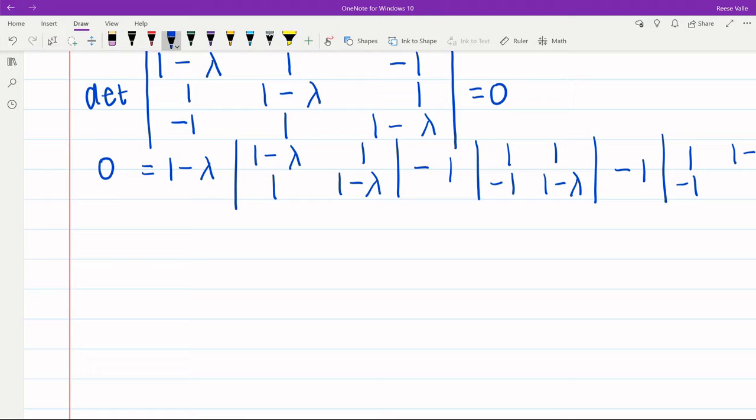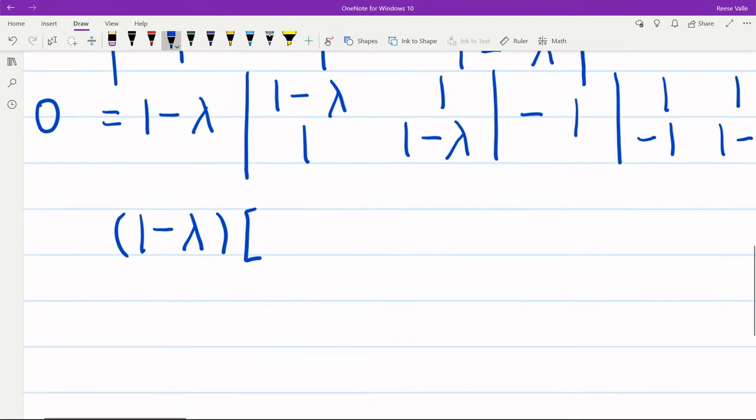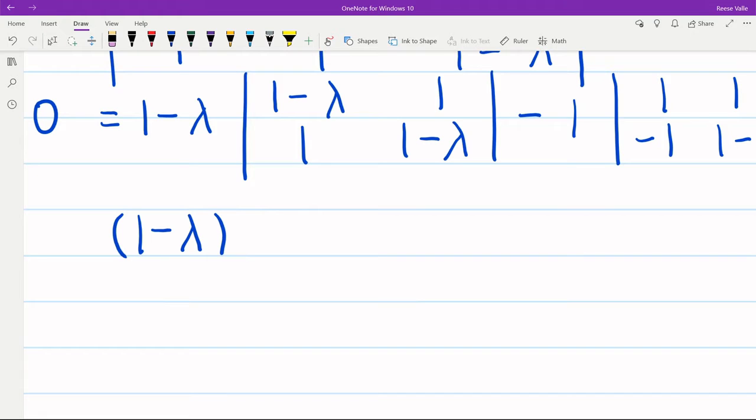Doing this, we get 1 minus lambda times, and I hope you guys don't mind, but I'm going to skip all this tedious 2x2 determinant. I'm just going to assume that you know how to do that, because you should. It's a pre-calculus thing, apparently.